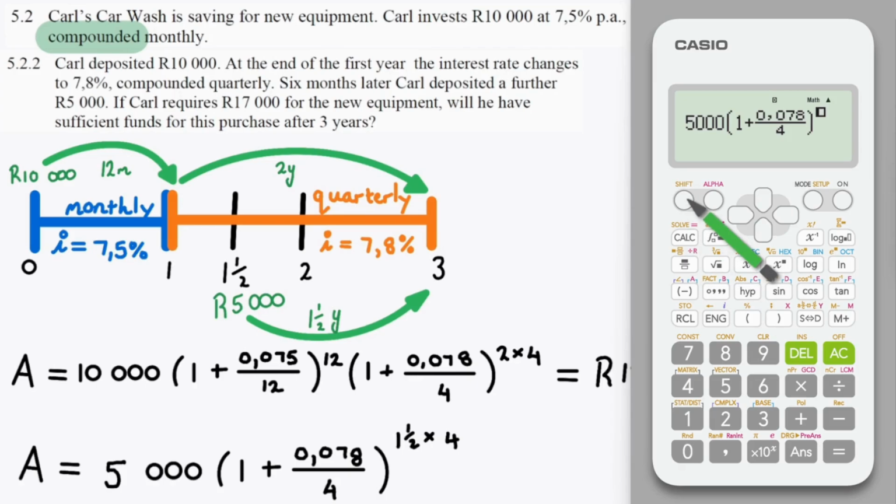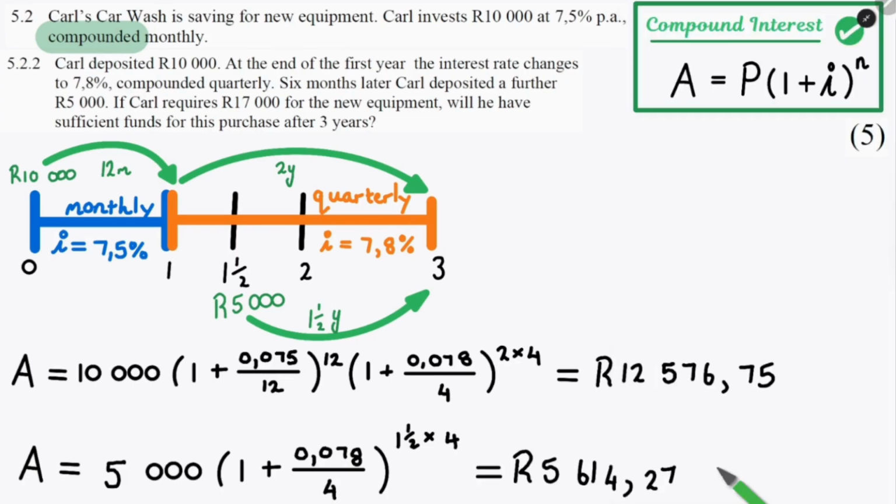So you press shift and the fraction button, and then it's 1.5 times 4 at the end there. And then we get a nice crispy little answer of just over 5,000. And now all that's left to do is we're going to add these two together, and we're going to see if Carl has sufficient funds. He needs 17,000 to actually afford this new equipment.